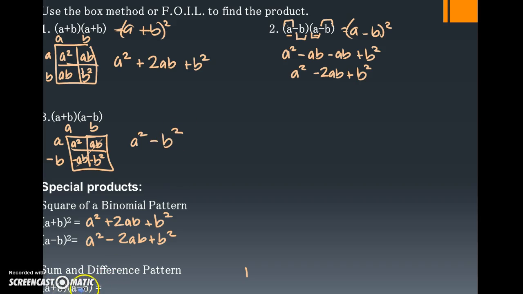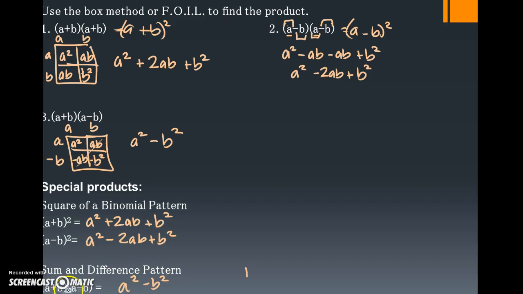So a plus b times a minus b equals a squared minus b squared. Very important. So when you have a binomial, and you're squaring a binomial, you should end up with 3 terms. 1, 2, 3. If you have just your sum and difference pattern where one is plus and one is minus, you're going to have a squared minus b squared.